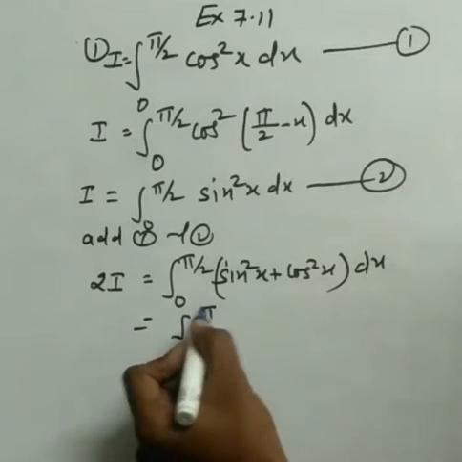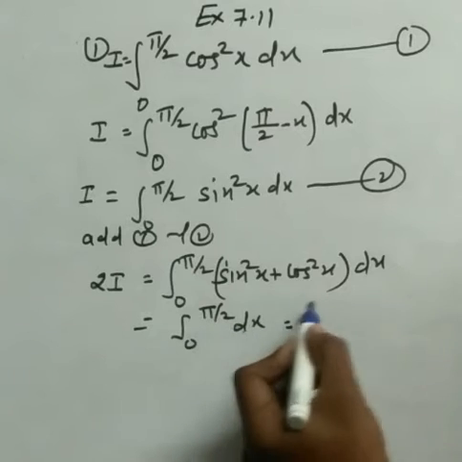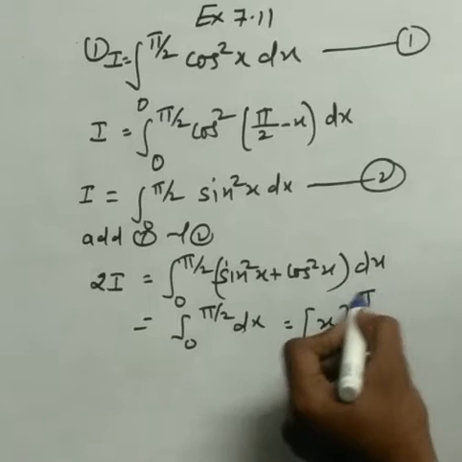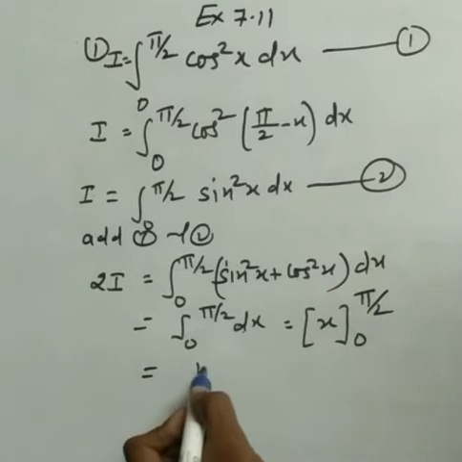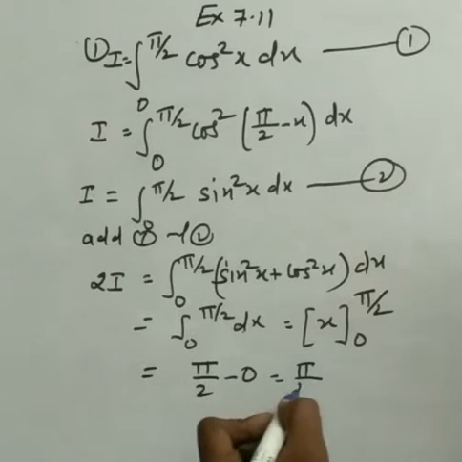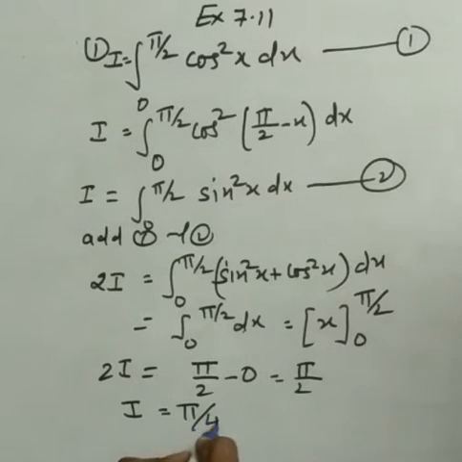So 0 to pi by 2 dx. Now integrate it. When we integrate it, we get x. Limit is from 0 to pi by 2. Put this limit here. Pi by 2 minus 0, which is equal to pi by 2. 2I is equal to pi by 2. Therefore, I equals pi upon 4. This is the answer for this problem.